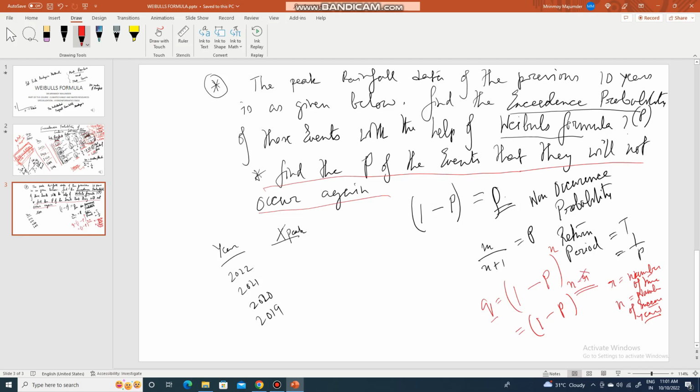And if r is not given, then it will be assumed that r is 1. If r is not there, then you just raise 1 minus p to the power n. Okay, so this is what you have to do.